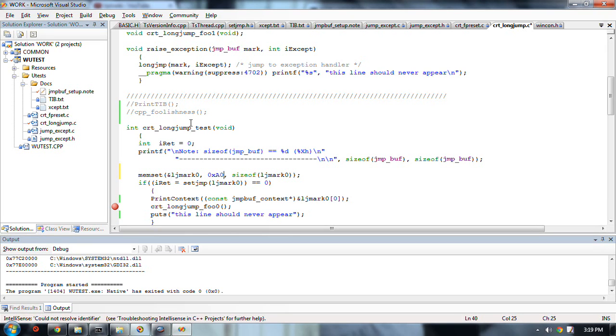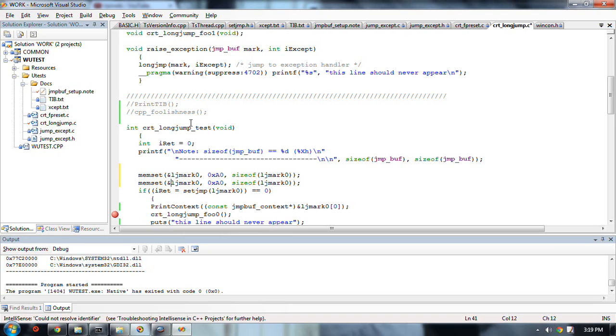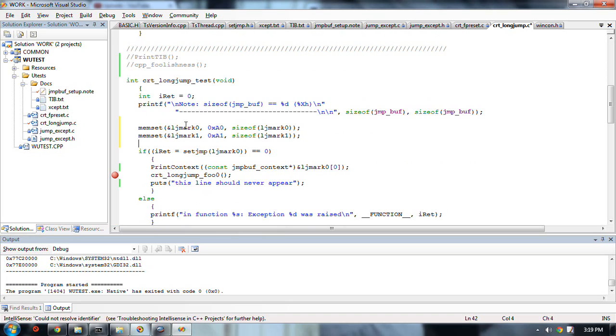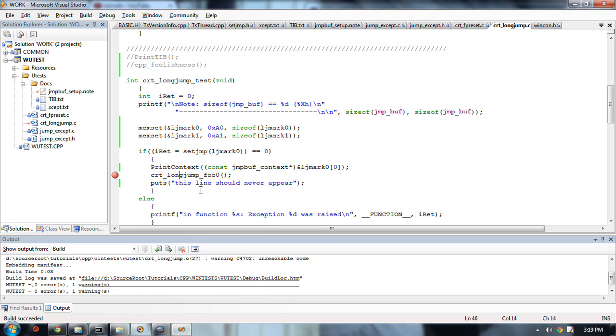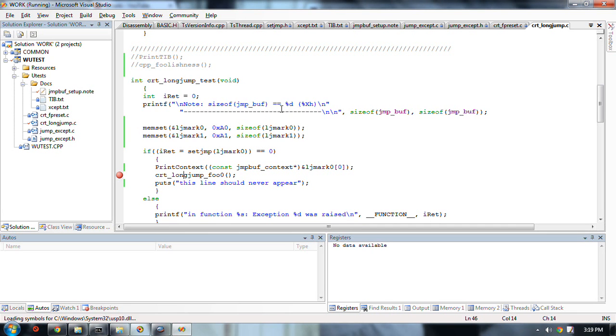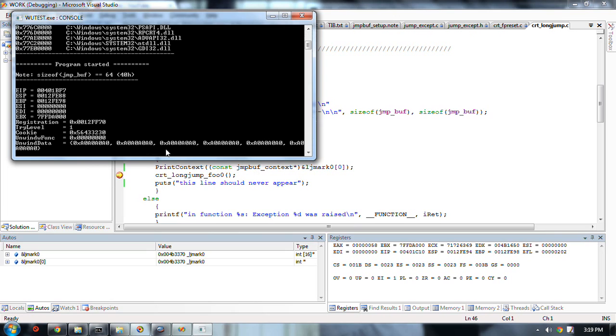Actually, A0. I want A1 for the other one, just because it looks better. Now, I believe that those values will not be disturbed. And by the time I get to this line, there they are. See? Except this one was set deliberately to 0. And these are not 0, they're what I set them to.